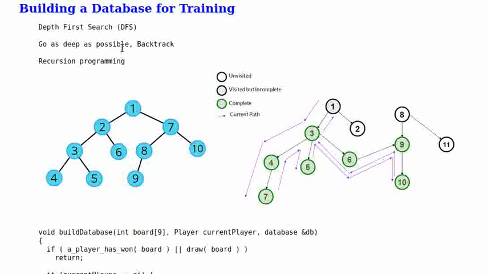When we could not go further, then we backtrack to the previous position and find another way and go as deep as possible. Basically this is what's happening in recursion programming. The recursion function will call itself again and again until the exit condition is met.